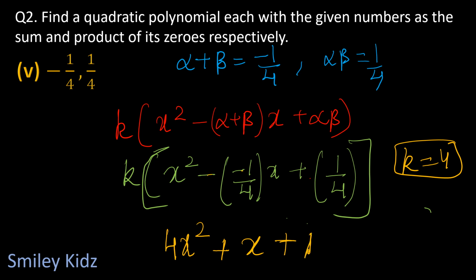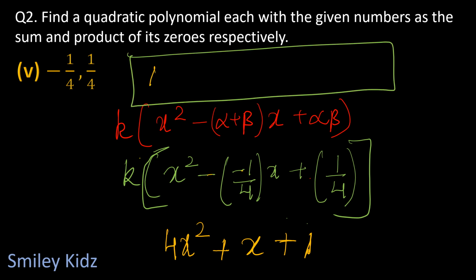So it's nothing but here I have multiplied the entire equation with 4. That means it is in this way, right? So 4 has been multiplied with x square plus 1 by 4x plus 1, and this entire equation is multiplied with 4 because I let the value of k be 4.